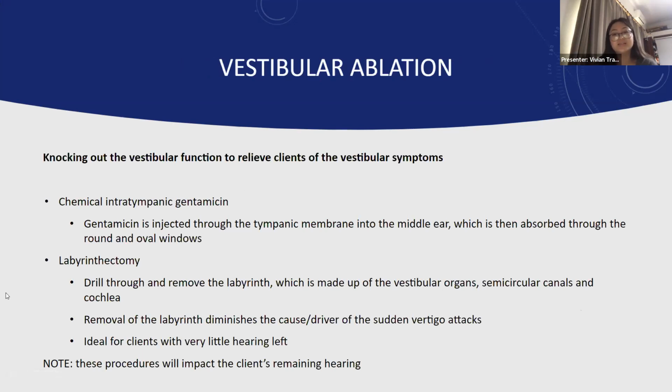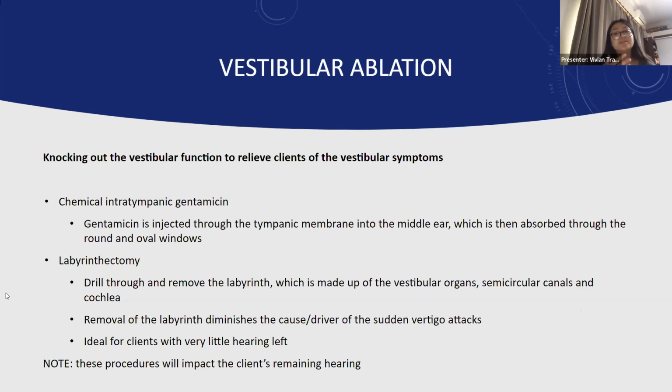However, for clients that are experiencing extreme vestibular symptoms that they can't cope with daily, we may want to consider knocking out the vestibular function to relieve the clients of the symptoms. Chemical intratympanic gentamicin can be injected through the tympanic membrane into the middle ear, which is then absorbed through the round and oval windows.